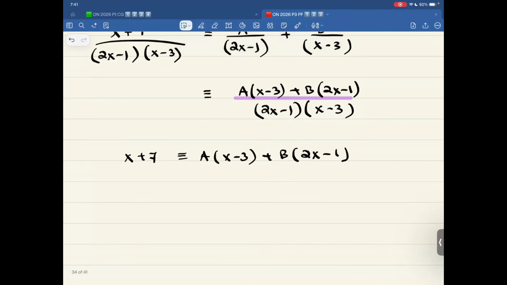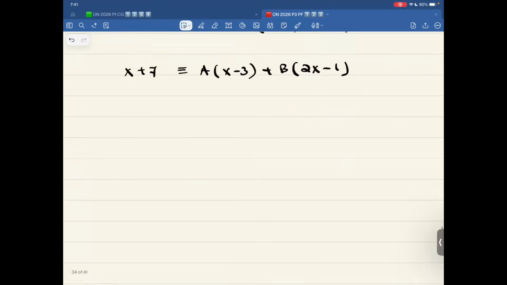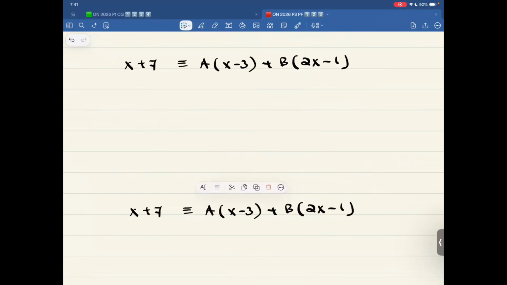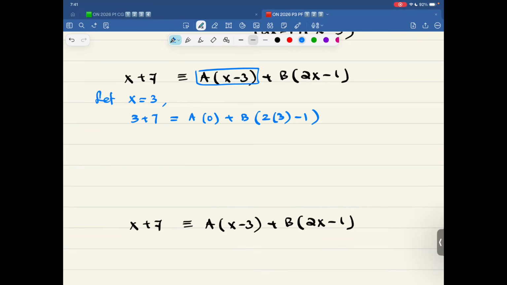Let me copy this out and paste it over here. Let me plug in a value. Let x equal 3. If I plug in 3, a will disappear. So 3 plus 7, this is a times 0, plus b into 2 into 3 minus 1. 6 minus 1 is 5.